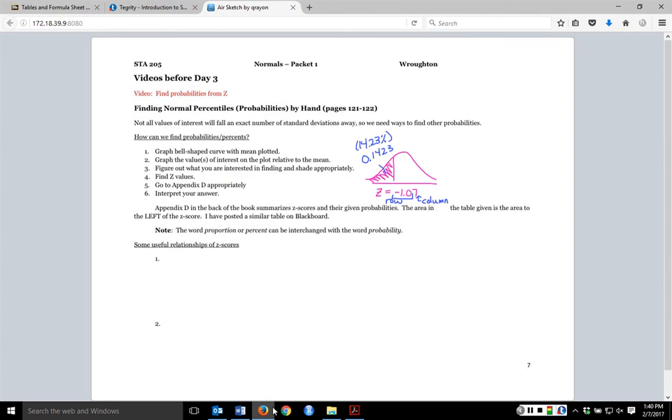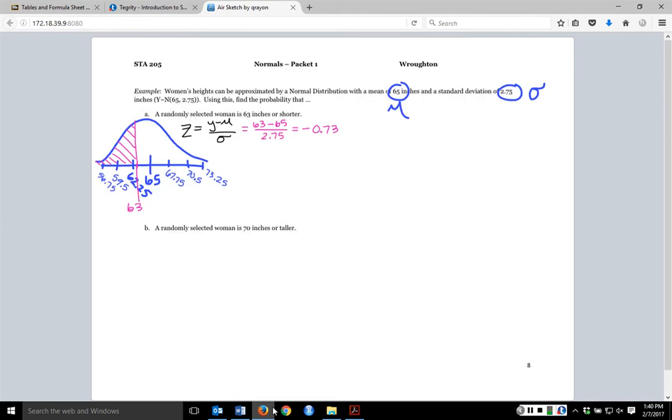Okay, how does that actually work with our example that we're talking about here? Well, from looking at my picture, we want everything to the left of 63. But 63 is not a z-score, so I can't take that number to that table. I need to change this 63 to a z first, which I've actually already done.